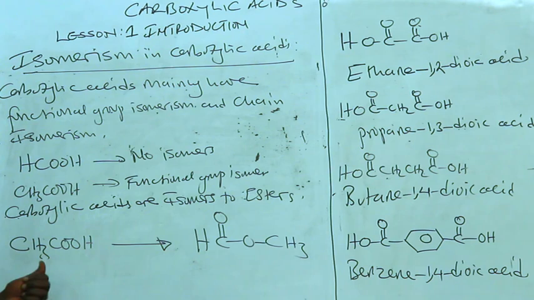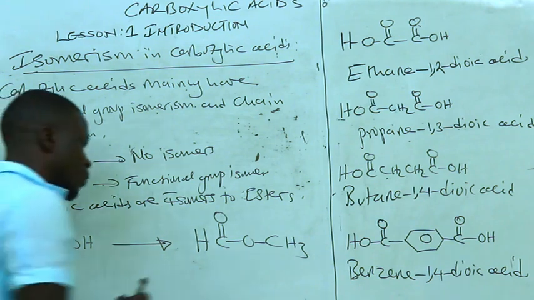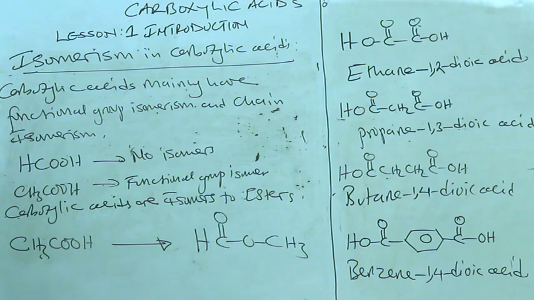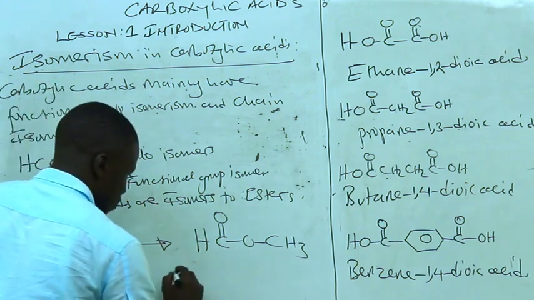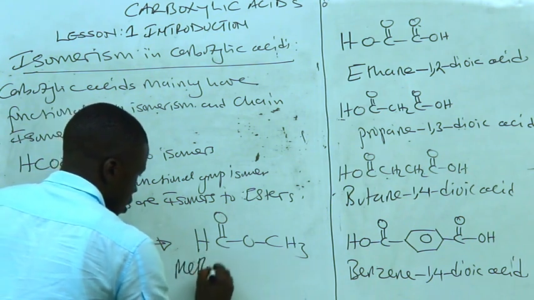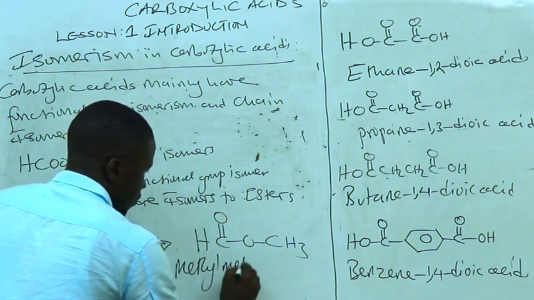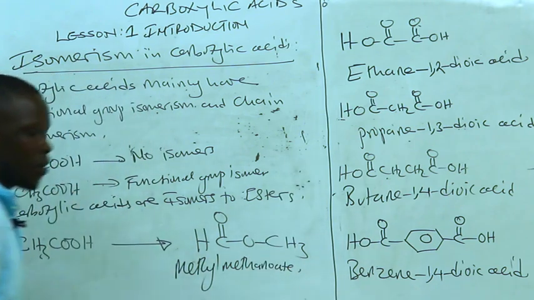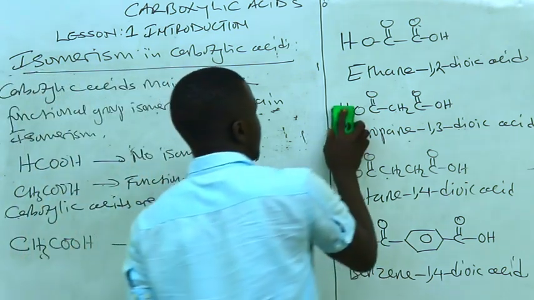This time the H is on the carbon atom. And when we are naming this, it is derived from ethanoic, this one is derived from methanoic acid. So we get methyl methanoate.